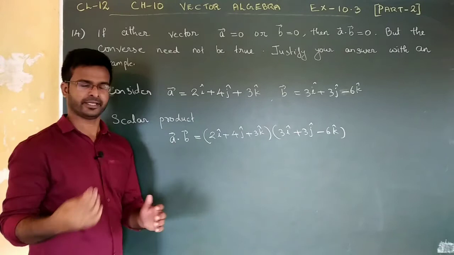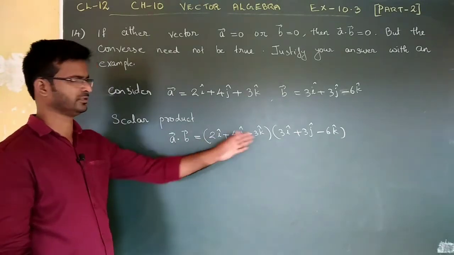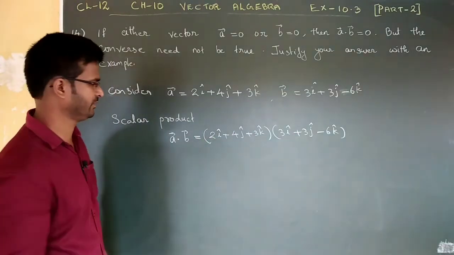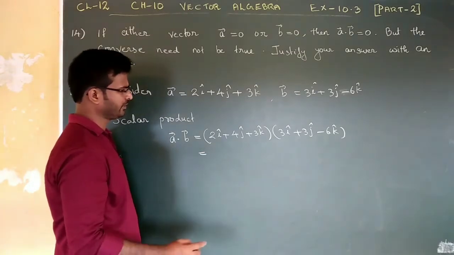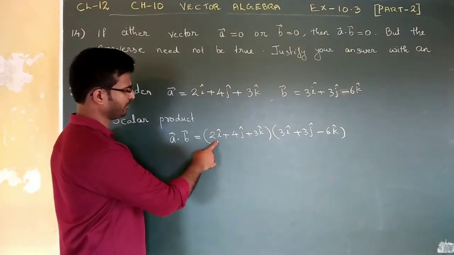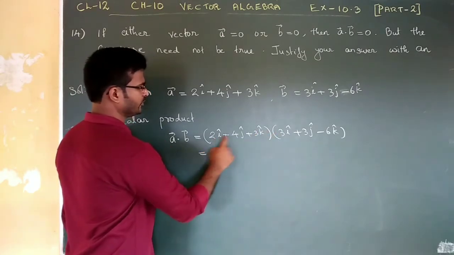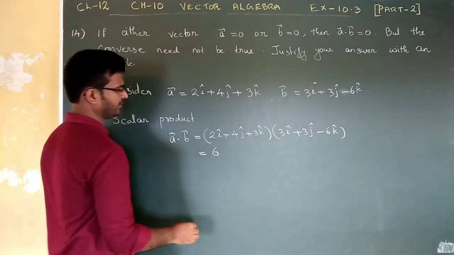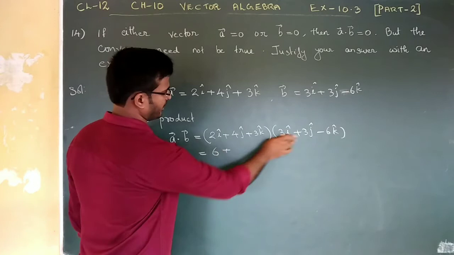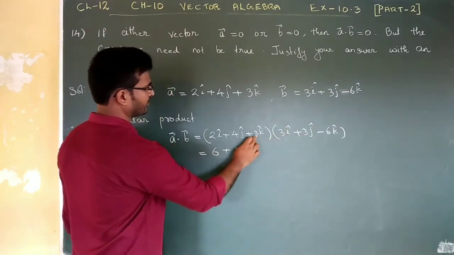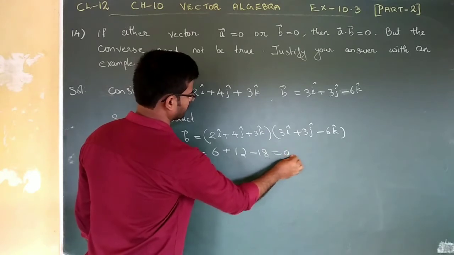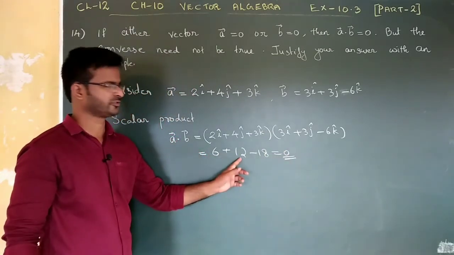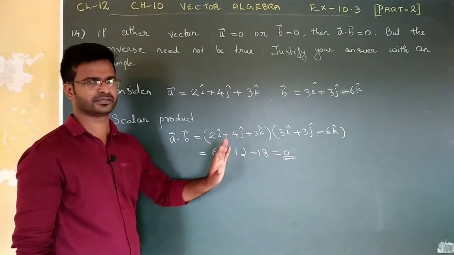We can consider any other two vectors as well, not only these. Then remove the brackets. When you take a dot product, we multiply the i components only: 2 into 3 is 6, 4 into 3 is 12, 3 into minus 6 is minus 18. 6 plus 12 is 18, minus 18, you will get 0.